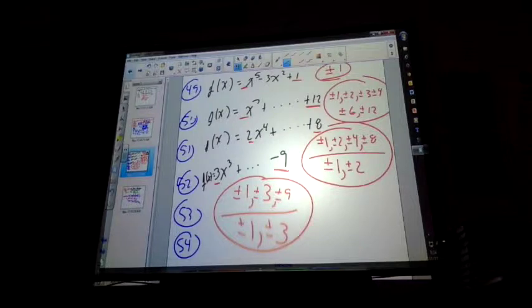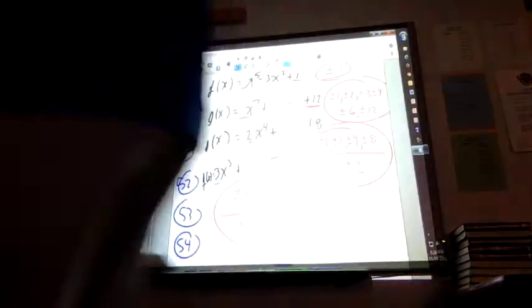What am I eliminating? What do you think? What's a negative zero? Those are all the possible zeros of each function. What are the negative ones?